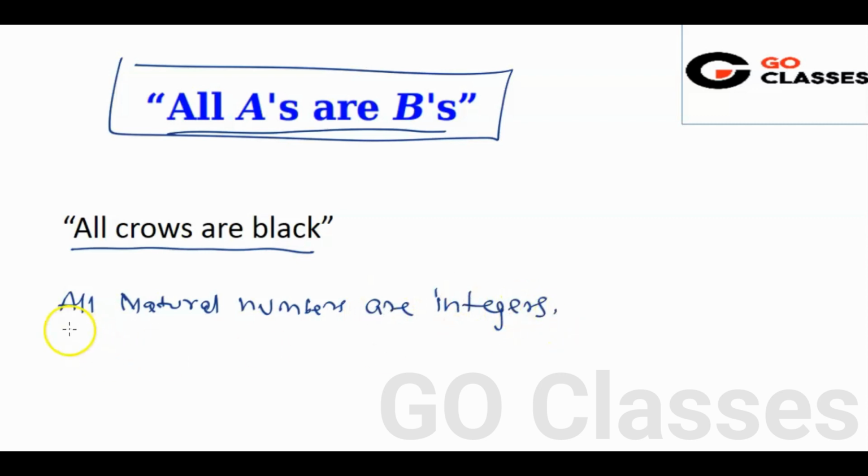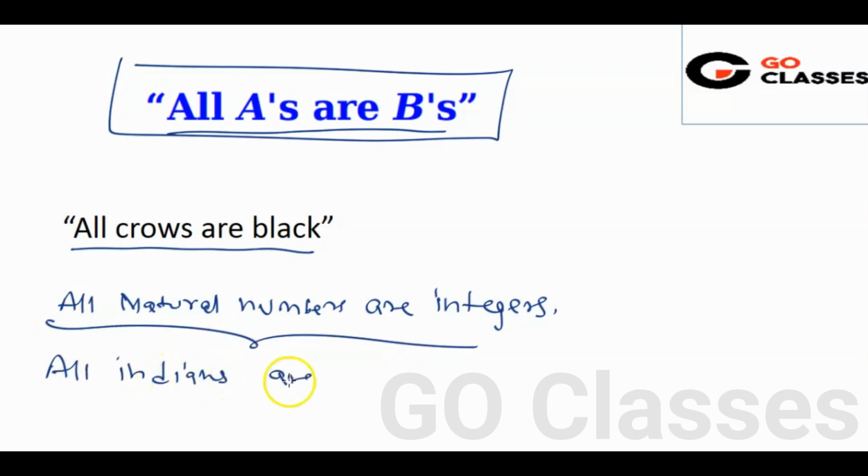Many such statements you can encounter, for example, all Indians are Asian. So whenever you encounter this type of statement, how can we write an equivalent first order logic expression for it?